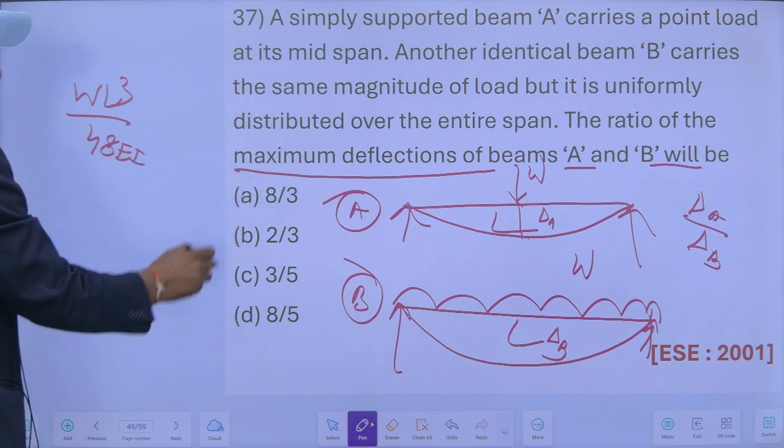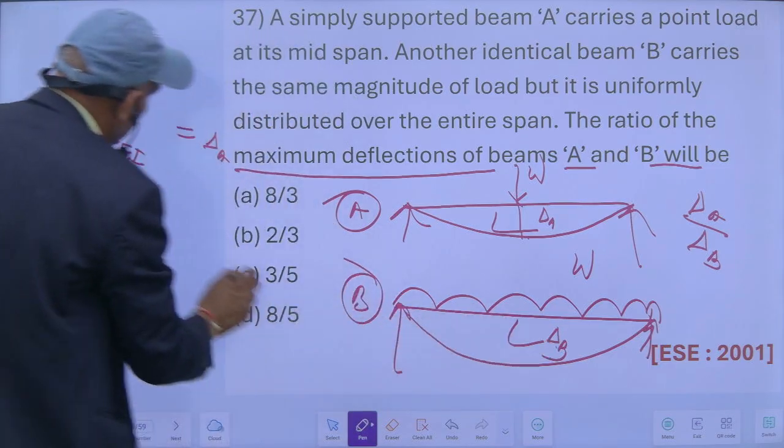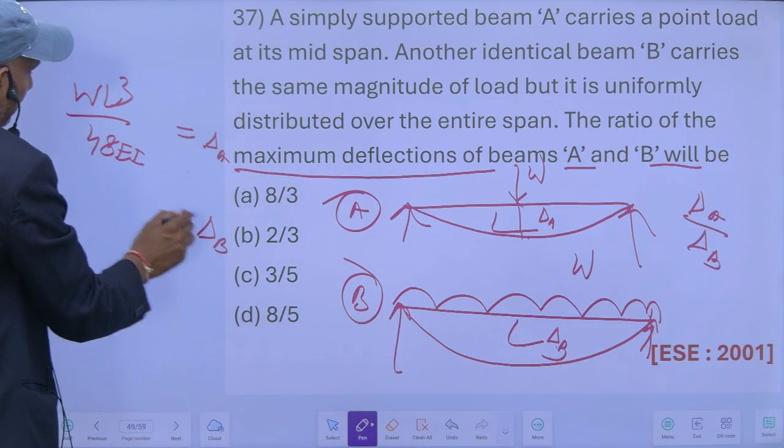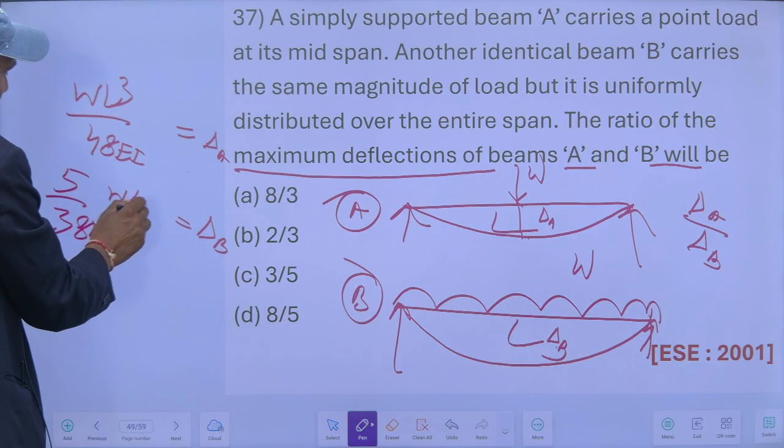This is for delta A, and delta B in this case will be 5 upon 384 WL 4 upon EI.